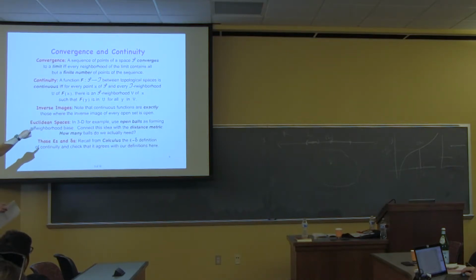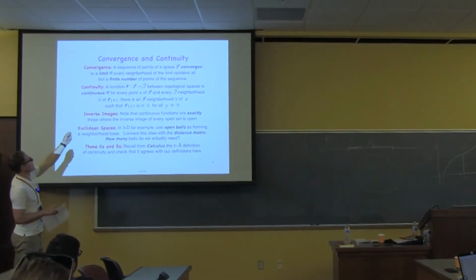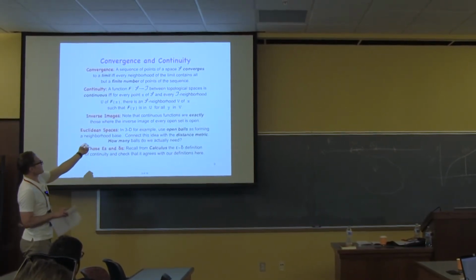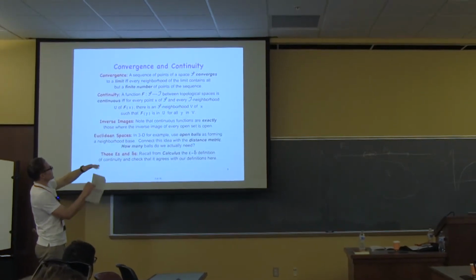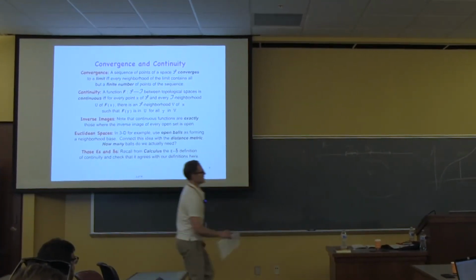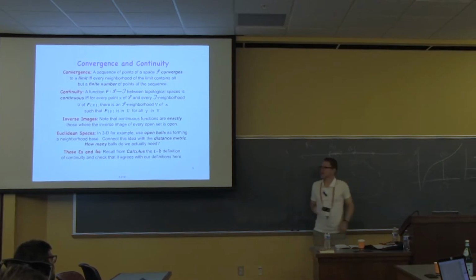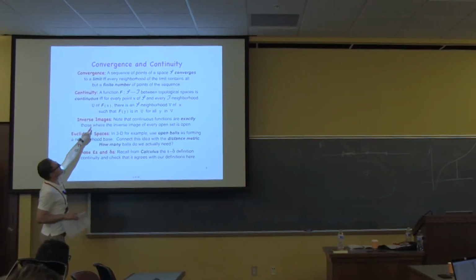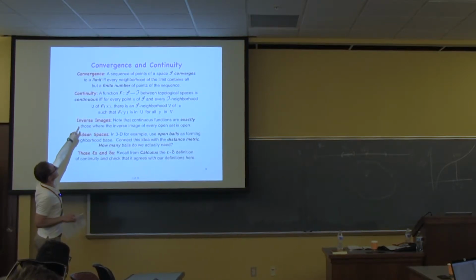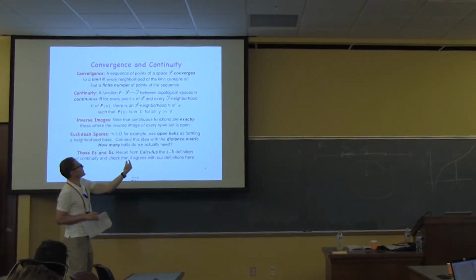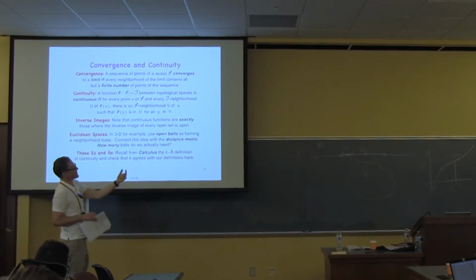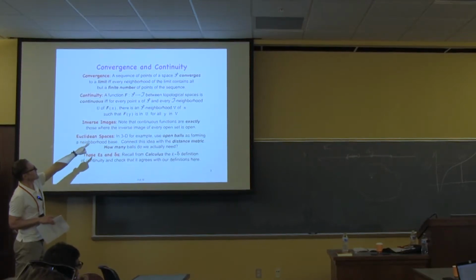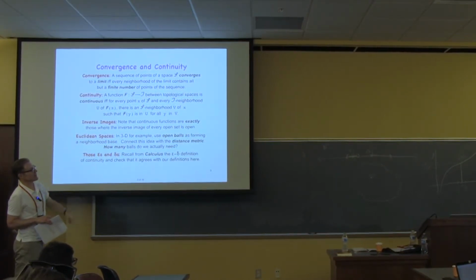A function between topological spaces is continuous if for every x in the space, and every neighborhood u around f of x, that's our epsilon, then there exists some neighborhood v around x, such that when f of y is in u, then for all y, they're in v.